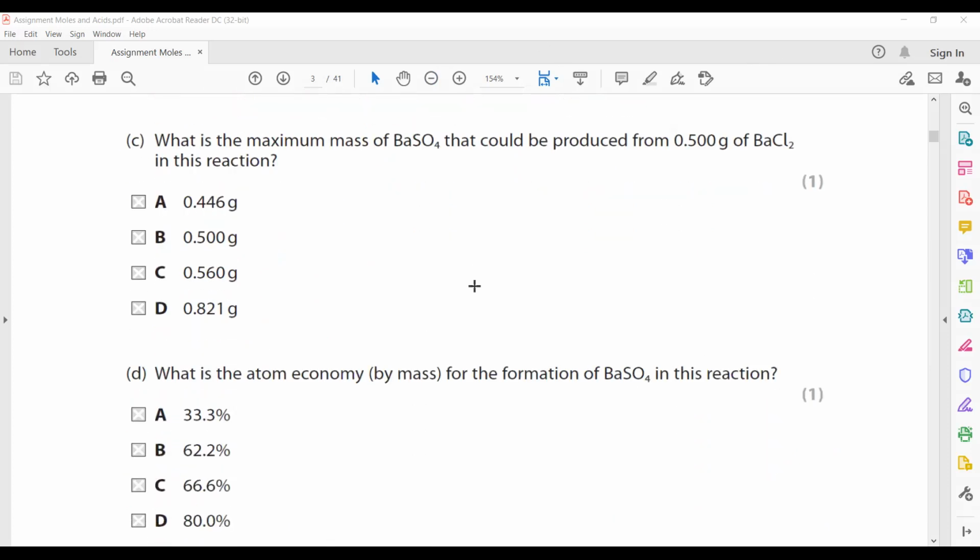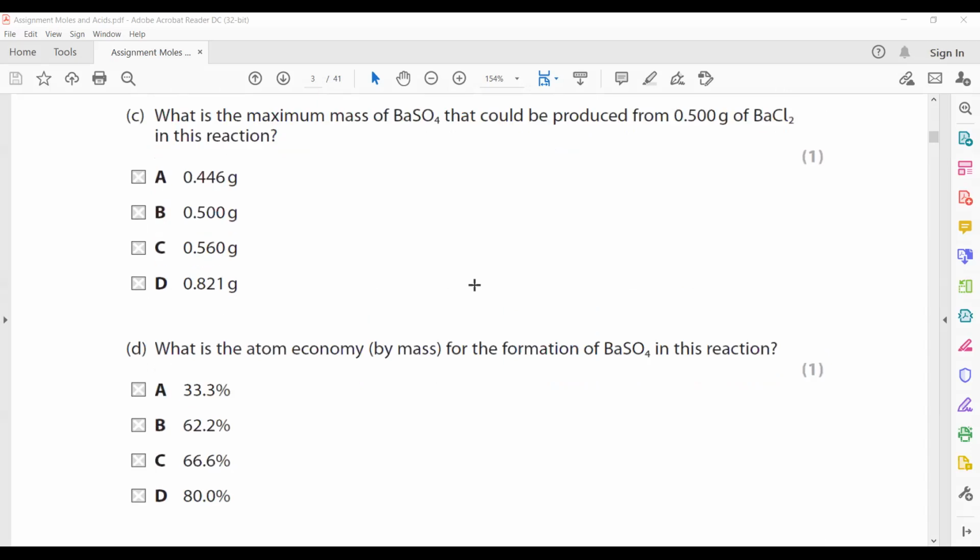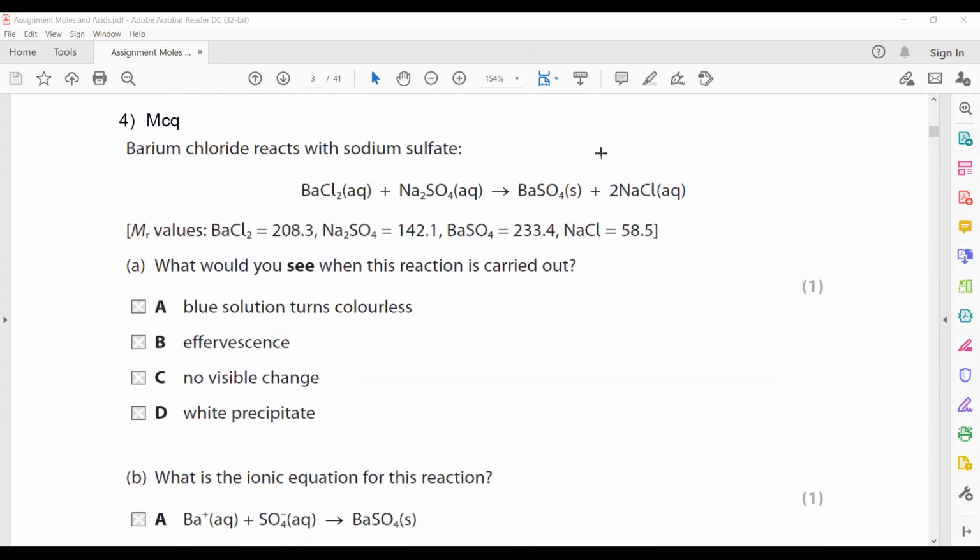Then what is the atom economy by mass for formation of barium sulfate? So barium sulfate is the desired product. And what is the formula to calculate the atom economy in percentage? I'm writing in short.